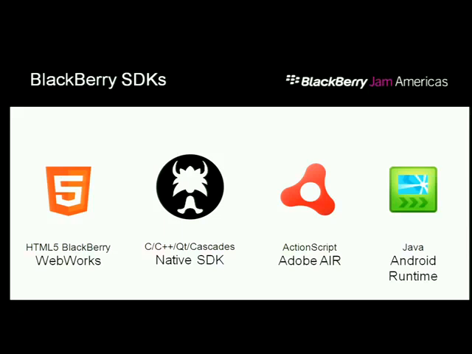This is just the Air runtime. I think it's at 3.1 right now, but we have committed to bring it up to the 3.4 spec for Air. I don't know timing on that, but I think they're aiming for around launch time. And the final one there on the left-hand side, or your right, is the Java Android runtime.